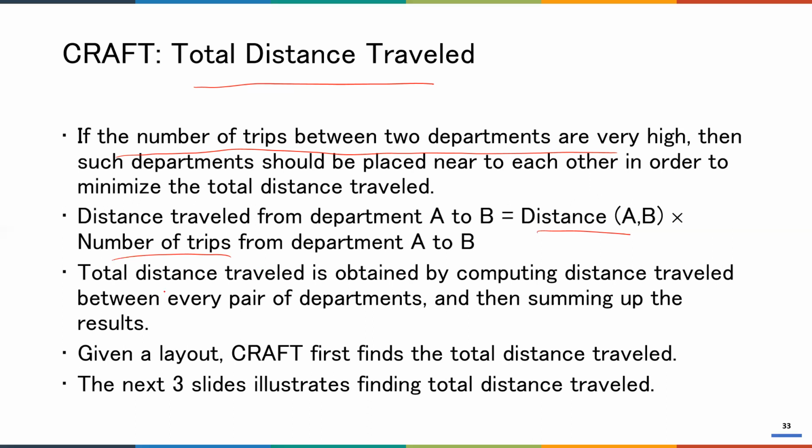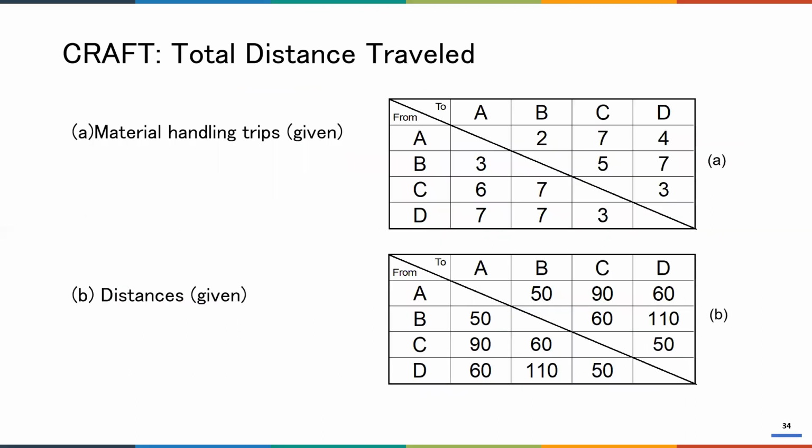Total distance traveled is basically computing the distance, multiplying it by the frequency of the movement, and then summing up all of them. For example, we have this data where there are material handling trips, which is the frequency, and then we have the distance from A to D, from all departments.